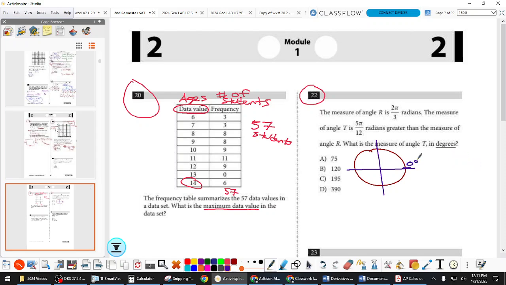Then we start opening angles counterclockwise. So this angle would be like 45 degrees. And as we go all the way around, we're back to that point at 360 degrees. That's the whole circle. So what would the degrees be over here?